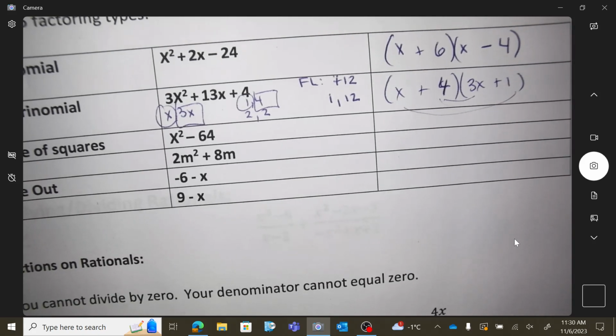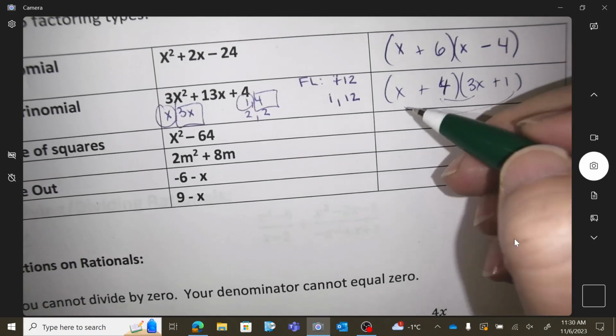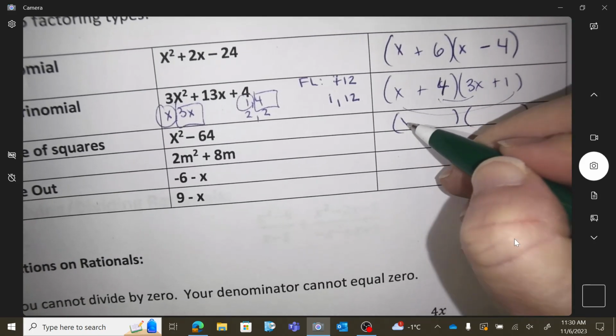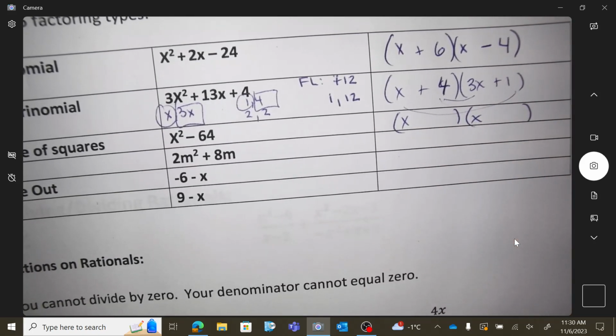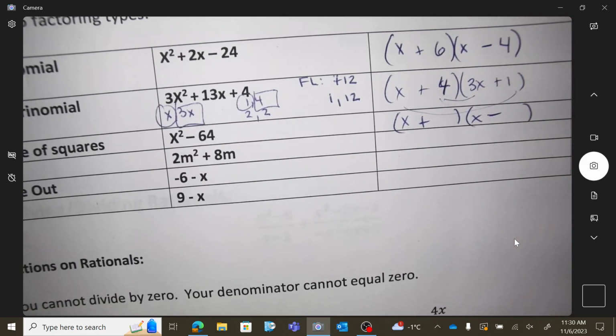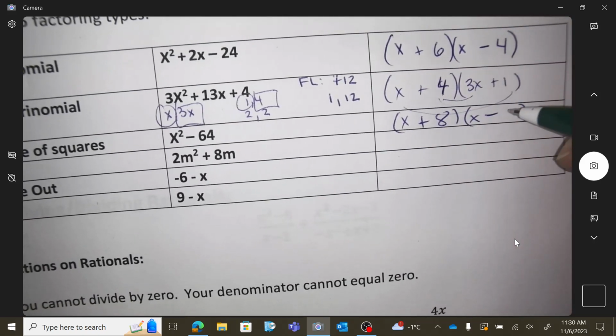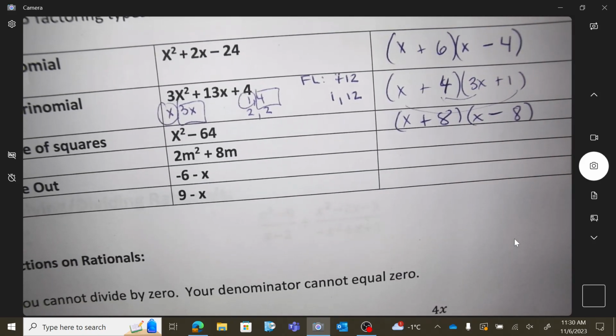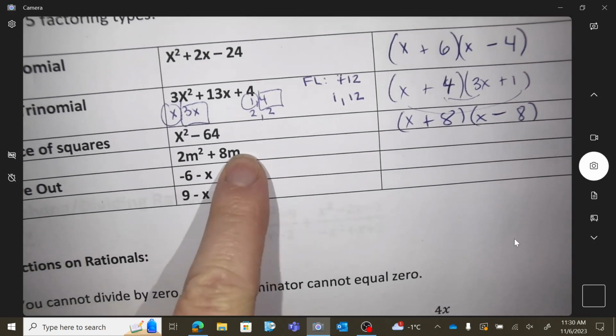Okay, difference of squares. 2 brackets. XX. Difference of squares, plus minus. This one has 8. Okay, then we had GCF. So what can you take out?